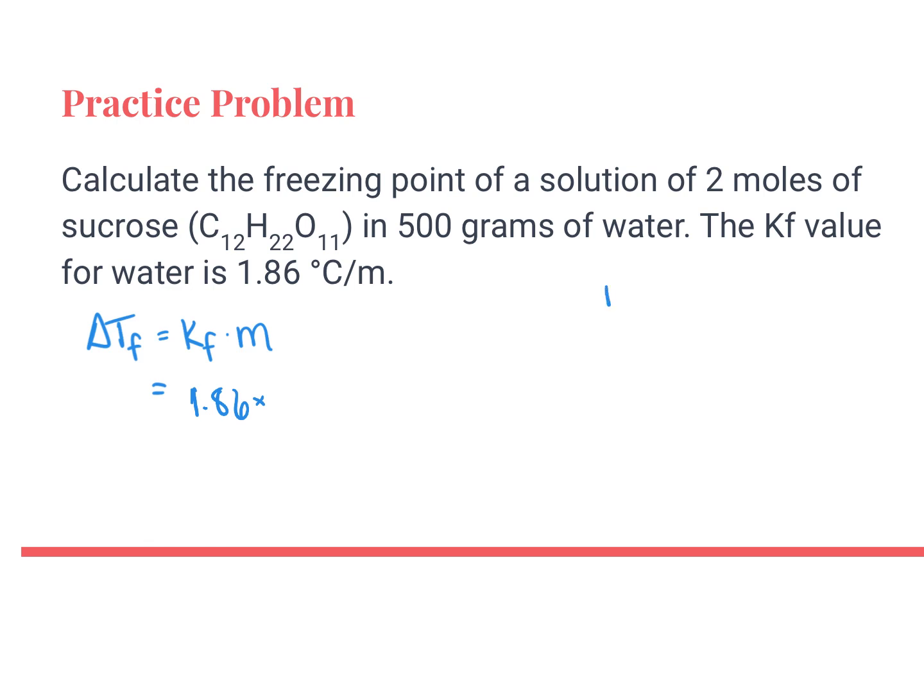Molality, I'm just going to calculate it off to the side. So we have 2 moles of sucrose and how much water? Okay, 0.5 kilograms. What's 2 divided by 0.5? 4. So we take 1.86 times 4.